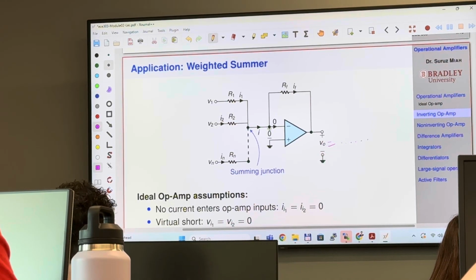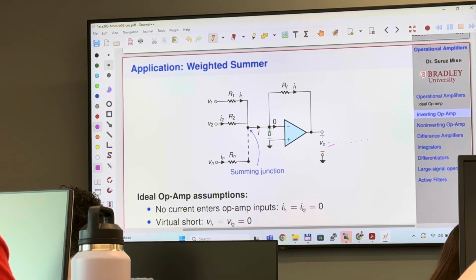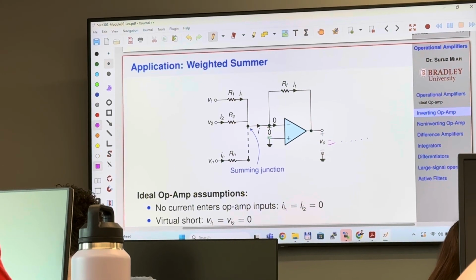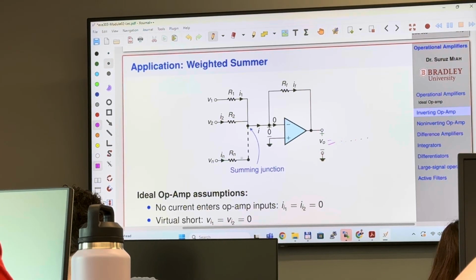The voltage difference between these two terminals would be 0, which means that this is virtually short. Now we have inputs V1, V2, V sub n. Current flowing through R1 is I1, current flowing through R2 is I2, current flowing through RF is I sub F. So this is basically the summing junction, and it is going to add. That's why it is called summer.